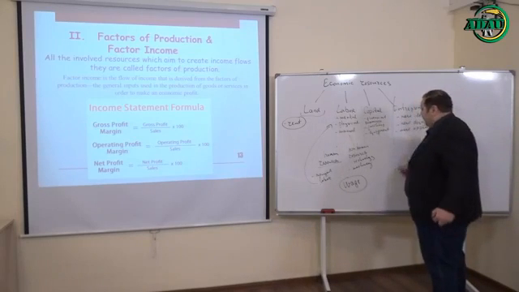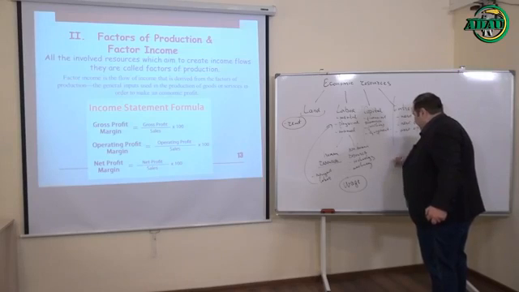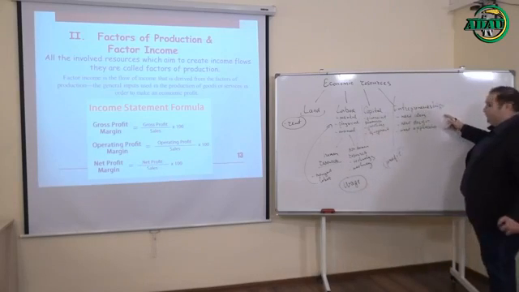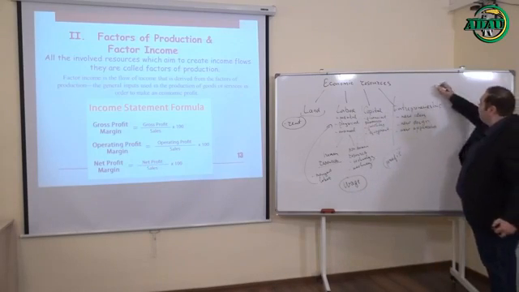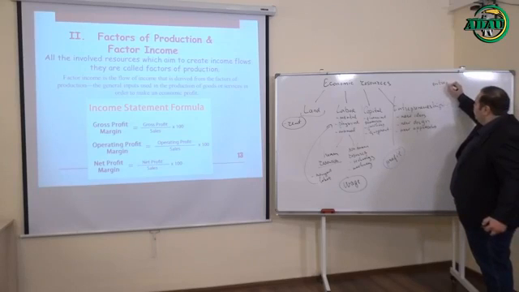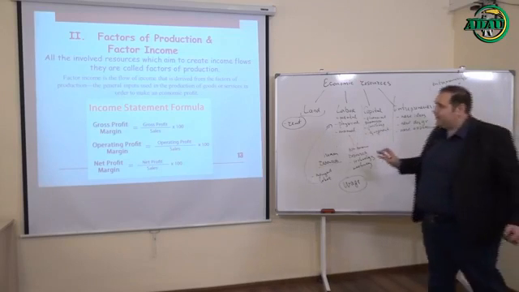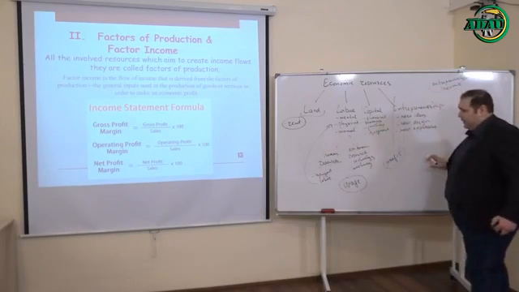From the capital we get the income, profit. From the entrepreneurship skills, we get the entrepreneurship income. So these are called the factor incomes.